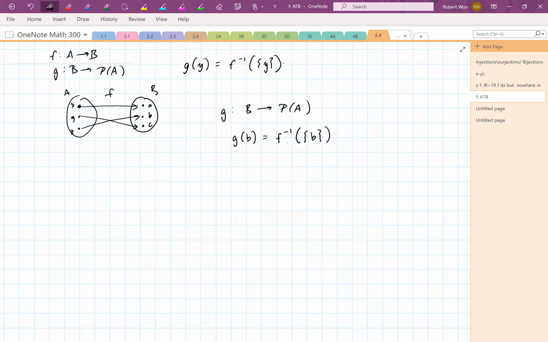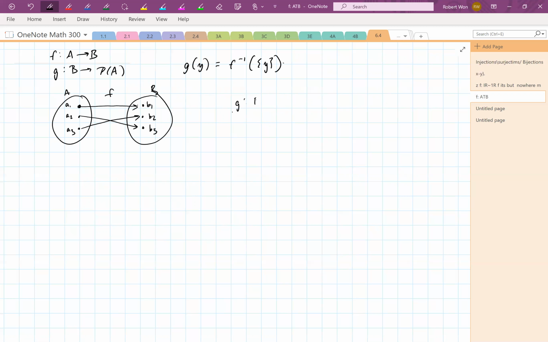The pre-image is all of the elements in A that map over to b. Man, I probably should have chosen better letters here. You know what? Let's call them A1, A2, A3, and B1, B2, B3, just so we can have a good handle on which thing is in which set. Okay, A1, A2, A3, B1, B2, B3. This will be less confusing, I think.